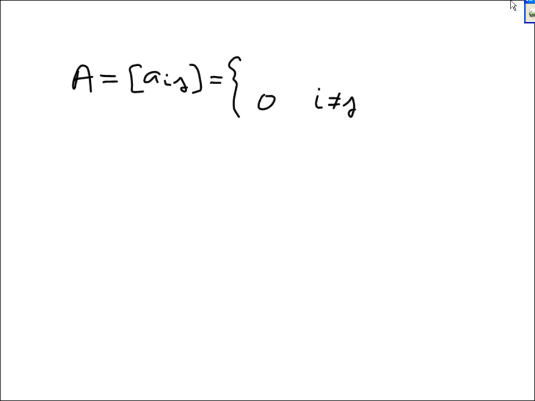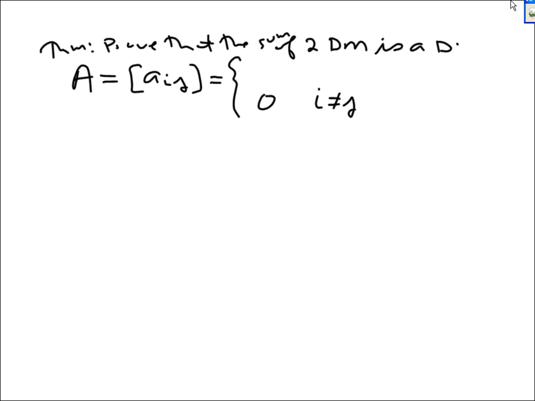So I didn't write it down, but the theorem is to prove that the sum of two diagonal matrices is a diagonal matrix. I ran out of room. DM is diagonal matrix. Now, I don't always know what a_ij is, but I know what a_23 is. Okay, so now the proof.